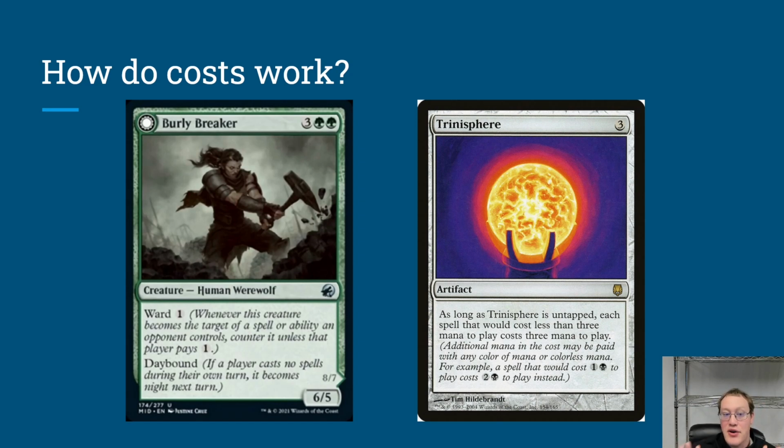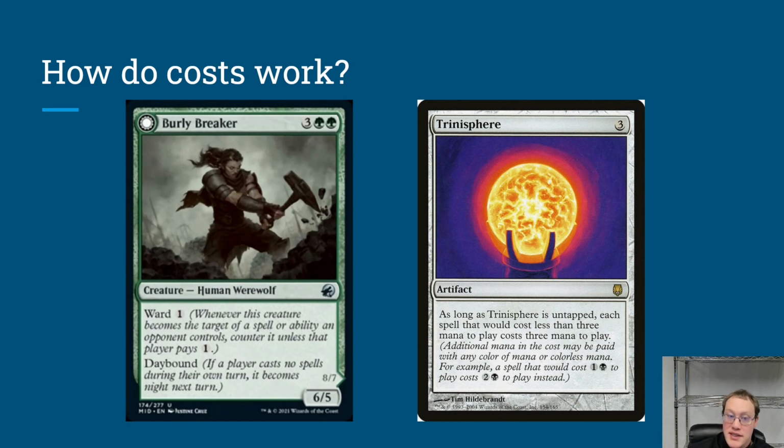And then, okay, now that we're through that, we finally cast the Lightning Bolt, right? So now we're going to come up with phase 2, which is the ward triggered ability, which is going to trigger when Burly Breaker became the target of that Lightning Bolt. And so now you're also going to have to pay 1 more for ward. So it actually does not count towards the Trinisphere at all. The ward triggered ability doesn't even trigger until after the Trinisphere is already applied.